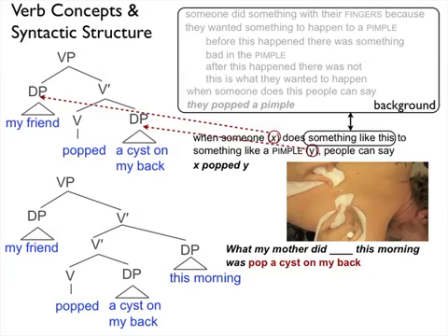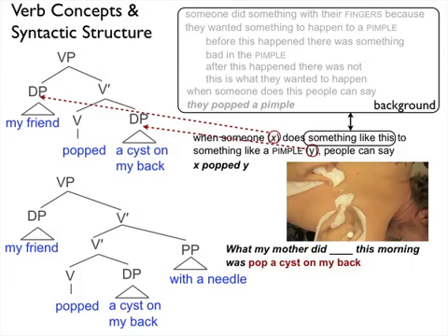That means that pop a cyst on my back is itself a subconstituent, and therefore this morning must be outside of it. So we can verify these things, but it's conceptually clear that this morning you could add to anything. That's almost never going to be anything but an adjunct, right?